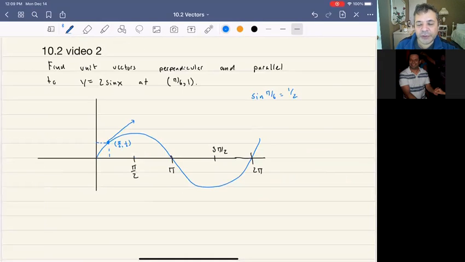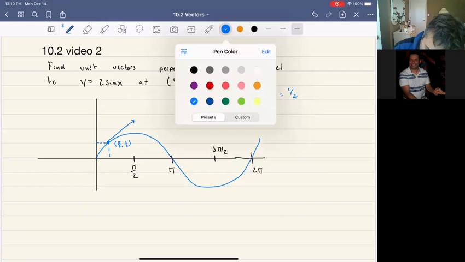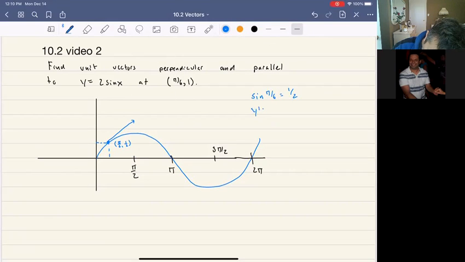Okay, but we also want to find out what is the vector at that point. So that vector is going to be given by, well, let's take the derivative. That's 2 cosine x.